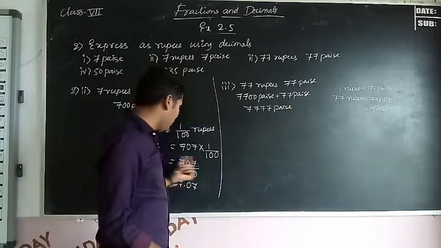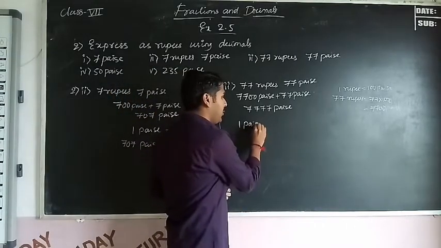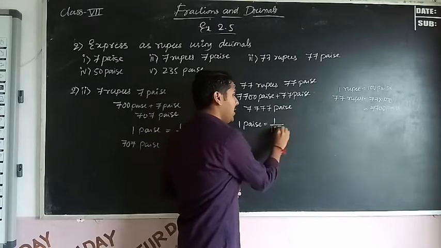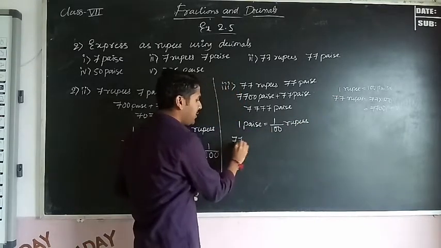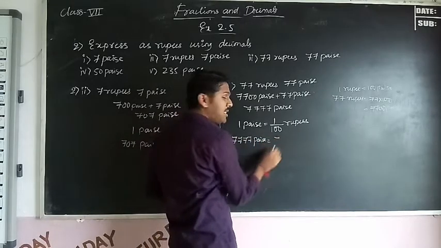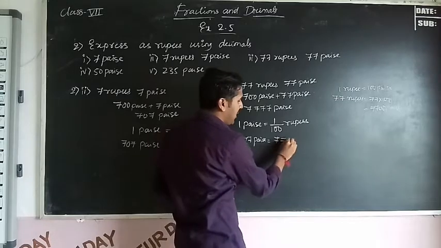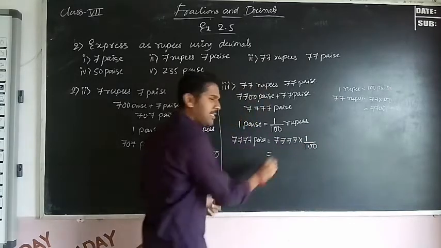So 1 paise equals 1 by 100 rupees. For 7777 paise, just cross multiplication: 7777 into 1 by 100. What will be the answer?